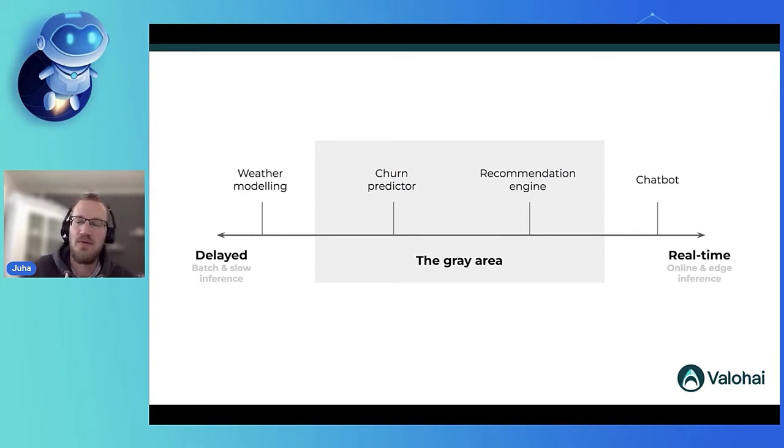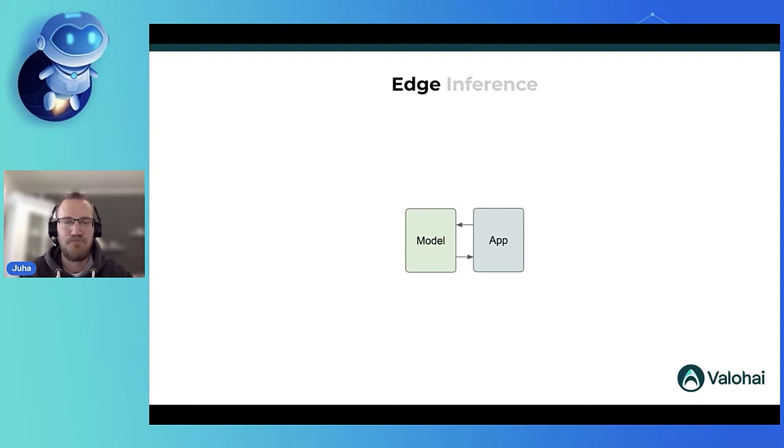If we look at the implementation of inference in edge, which means some kind of IoT device or maybe a mobile app, the inference is quite simple. The mechanism of deployment is complex for edge, but the actual inference is quite simple, because the app and the model are local, in the same device, so it's very simple to do inference once you've got it deployed.